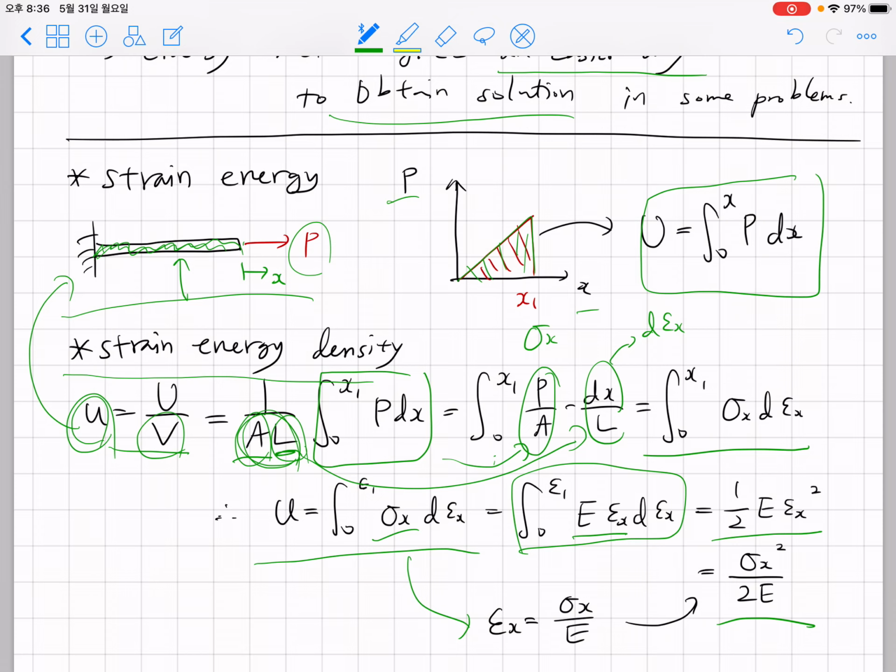Whichever definition you use, they result in the same answer. We only discussed the x component here, but you can have the y and z components of epsilon, and gamma xy, gamma yz, and gamma zx components, and associated strain energy. So this is the definition of strain energy density.